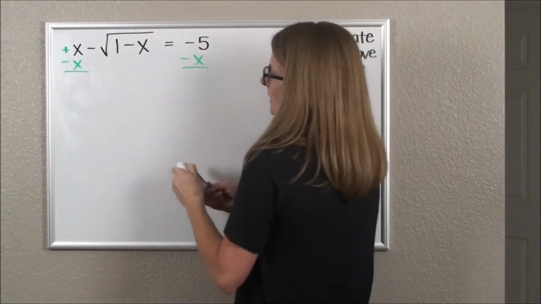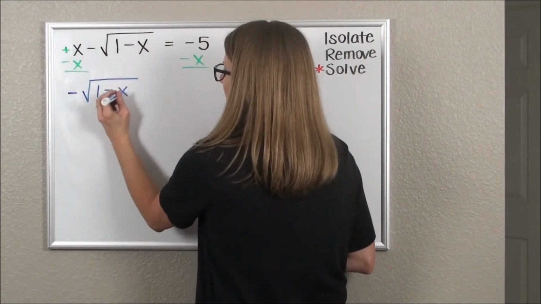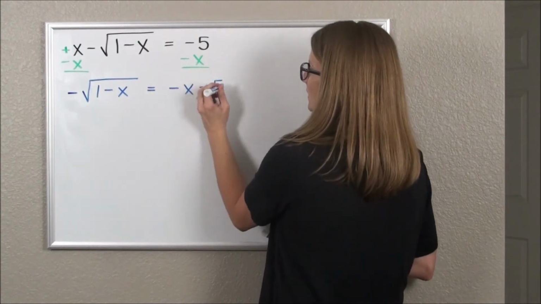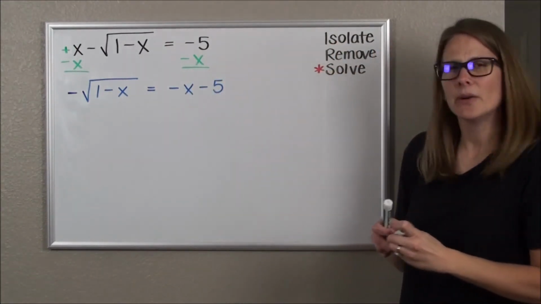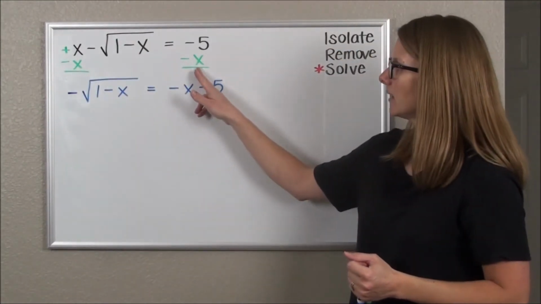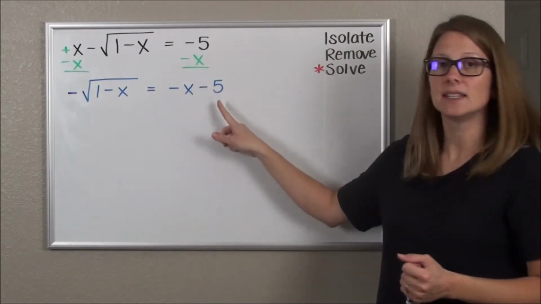And so I wind up with negative square root of 1 minus x equals negative x minus 5. And I'm noticing something interesting here. When I relocated that x to the other side, to get the root term by itself, I'm noticing everybody is negative.